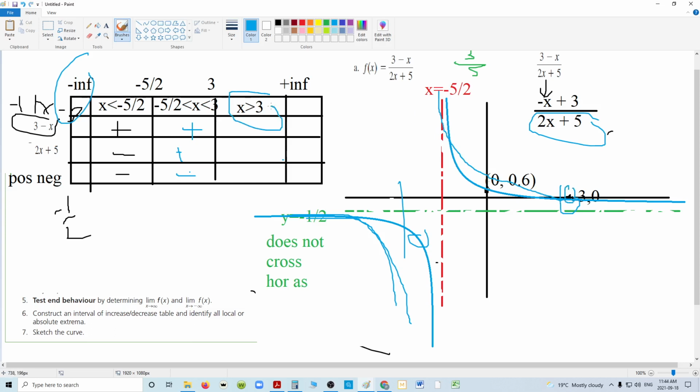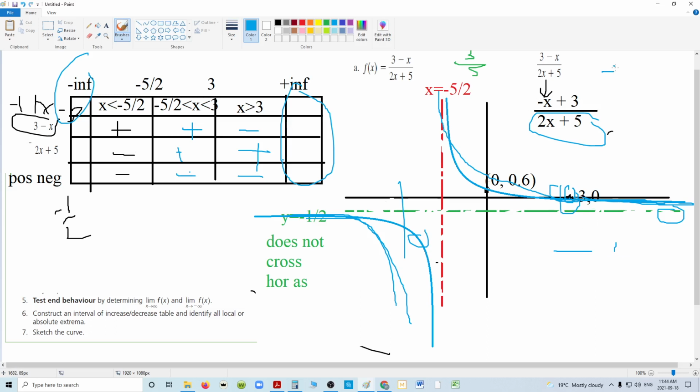Then when x is bigger than 3, we'll take 4. When it's 4 here, we get negative. When it's 4 here, we get positive. And obviously, the whole thing's negative, which means after the x-intercept, between the horizontal asymptote, it's going to stay negative on the graph. And of course, if we take positive infinity, we're going to discover it also reaches negative a half. So to do that, you do the same thing.